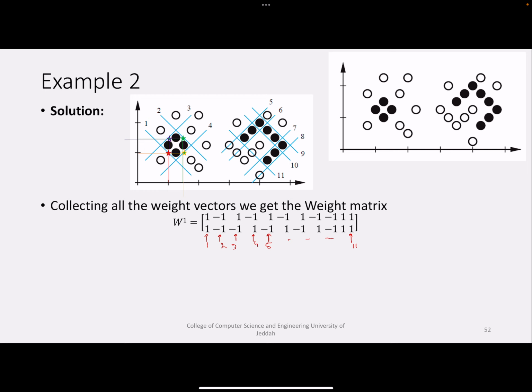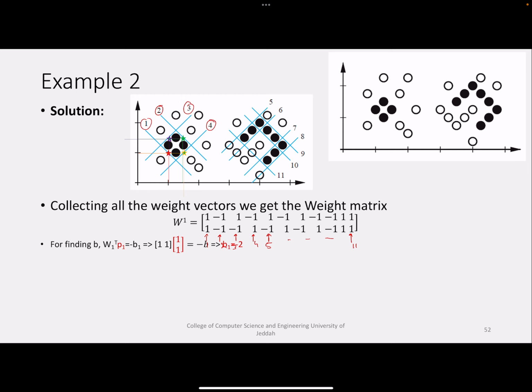After you get the weight matrix, what is the next step that we always do? What we need next is to find the corresponding 11 bias values. To do that, we pick points on the first 4 decision boundaries, 1, 2, 3, and 4.